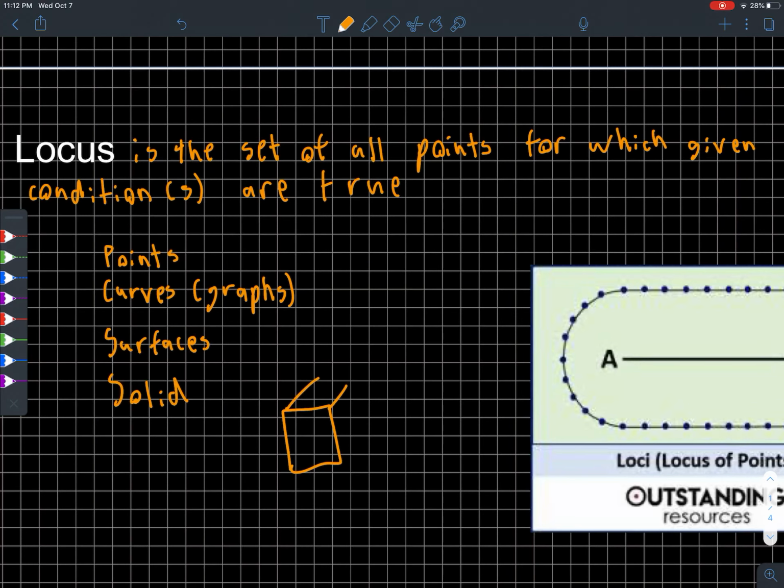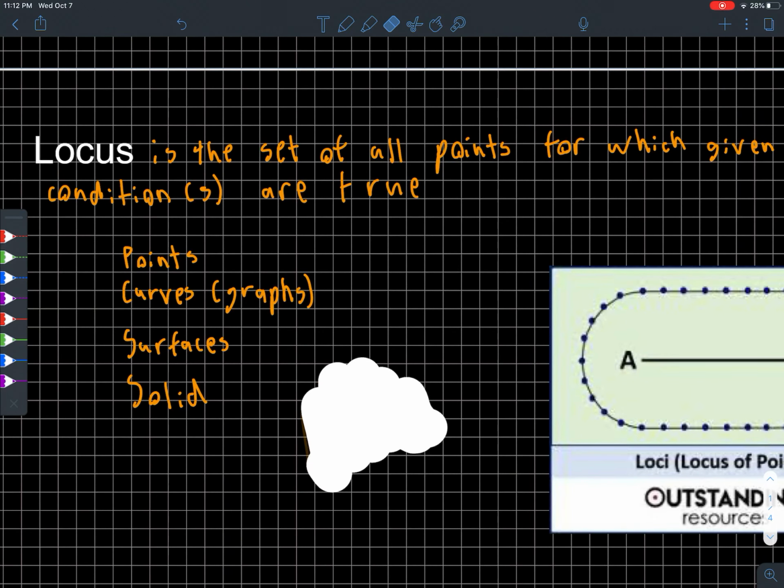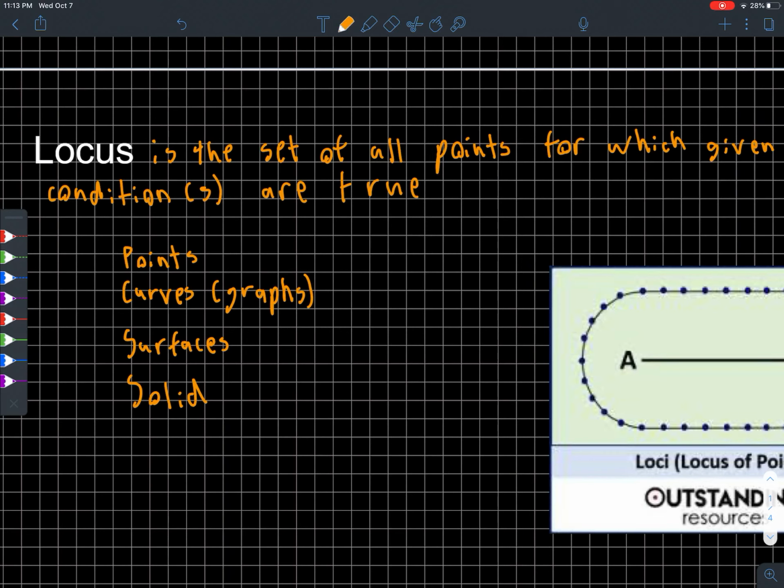Like if you've got a cube, and for whatever reason the cube and all points within the cube meet the conditions set aside for the loci. This is really not that important. All you guys are going to be really dealing with are curves and surfaces, but mostly curves. At least that is my understanding at this point.